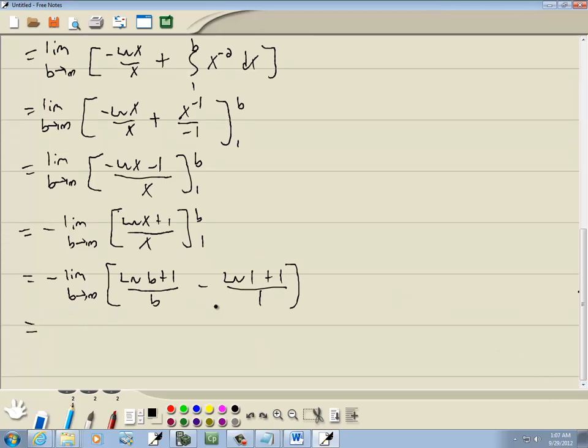And let's see, that gives us negative limit as b goes to infinity of natural log of b plus 1 over b minus natural log of 1 is 0, so that drops away. 1 minus 1 is 1.